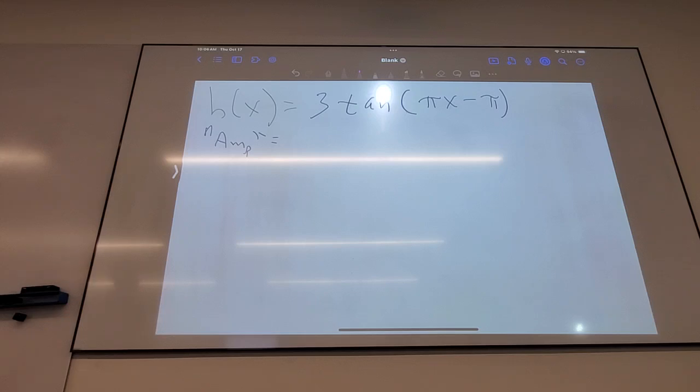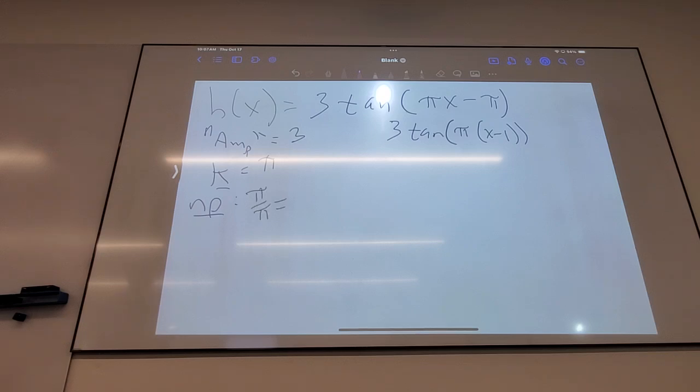What's the quote amplitude? 3. If I factor this, what do I get inside? So what's k? Pi. So what's the new period? What's the old period? Pi. So what's the new period?